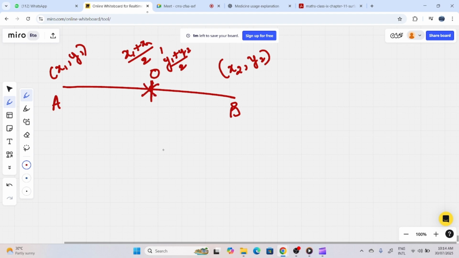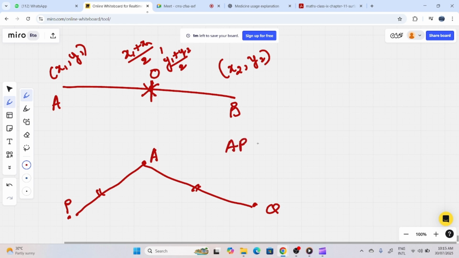This is how you find the midpoint. But what you have to remember is that midpoint and equidistant are not the same. When a question says that A is equidistant from P and Q, a lot of kids make the mistake of using the midpoint formula.